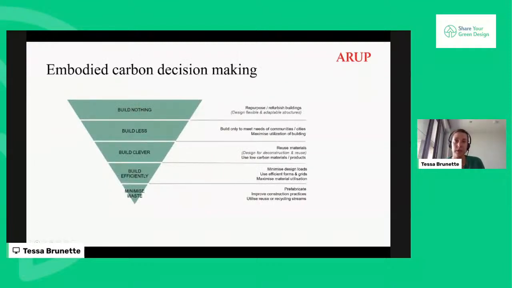When we think about embodied carbon, and in the design process, it's really important to start from the beginning and understand where the biggest impact that we can have is. And to be quite honest, the biggest impact that we can have in embodied carbon is not to build anything at all. So when a client comes to you and proposes a new building that they want to build, we must be very, actually, it's quite hard, because obviously that's what we do. It's our job.